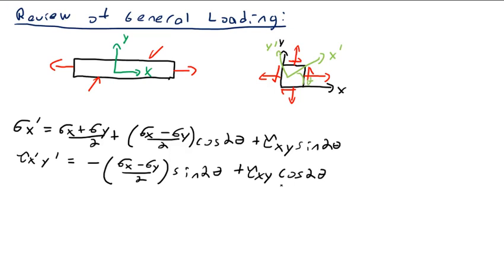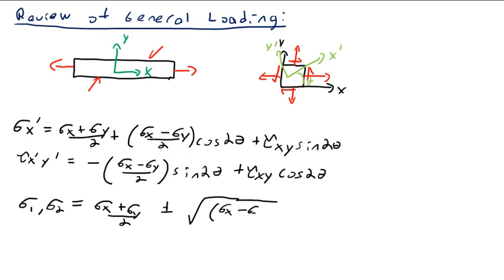And these are the equations of stress transformation. Then the equations for the principal stresses, sigma 1 and sigma 2, in other words, the maximum stresses present at any plane of rotation, any cut plane, any angle of rotation. Sigma 1, sigma 2 are going to be sigma x plus sigma y over 2 plus or minus the square root of sigma x minus sigma y over 2 squared plus tau xy quantity squared, like shown.